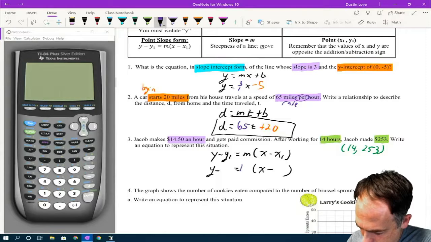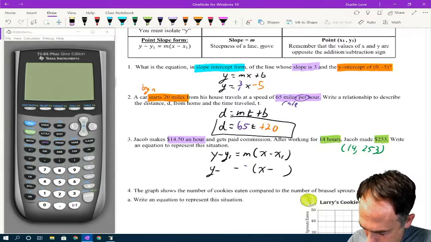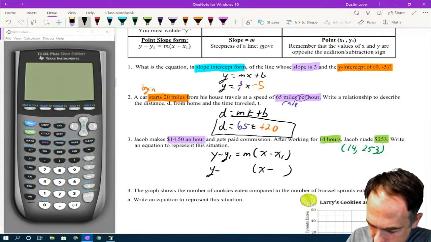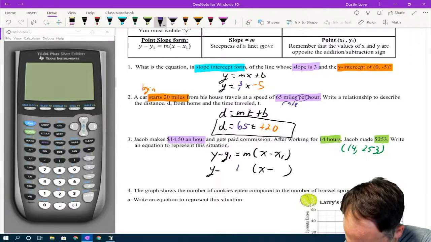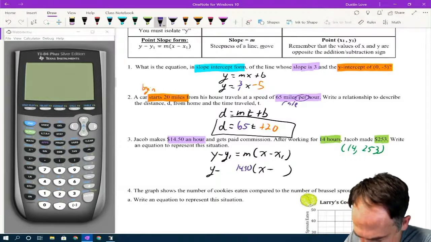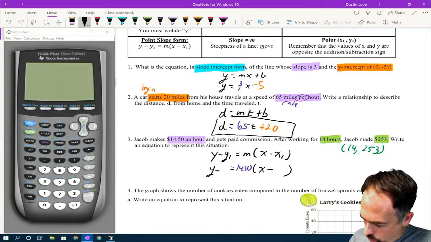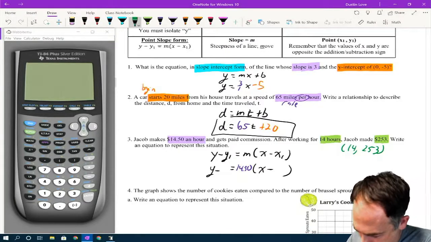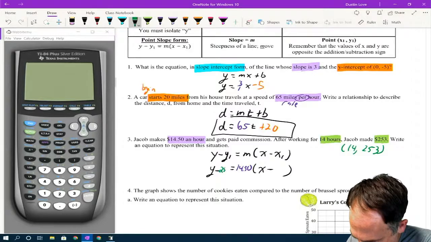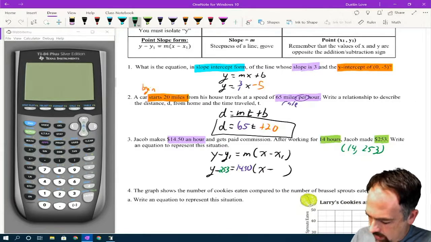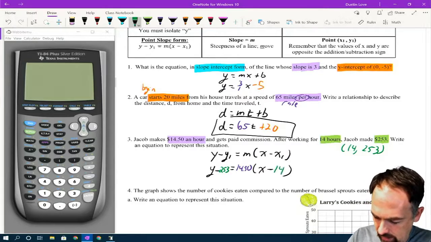We got $14.50. Let me scoot that over a little bit so we can fit it all in the right spot. Get my equal mark back in there. And now y1 is going to be my $253. And my x1 is the x coordinate, which is 14.